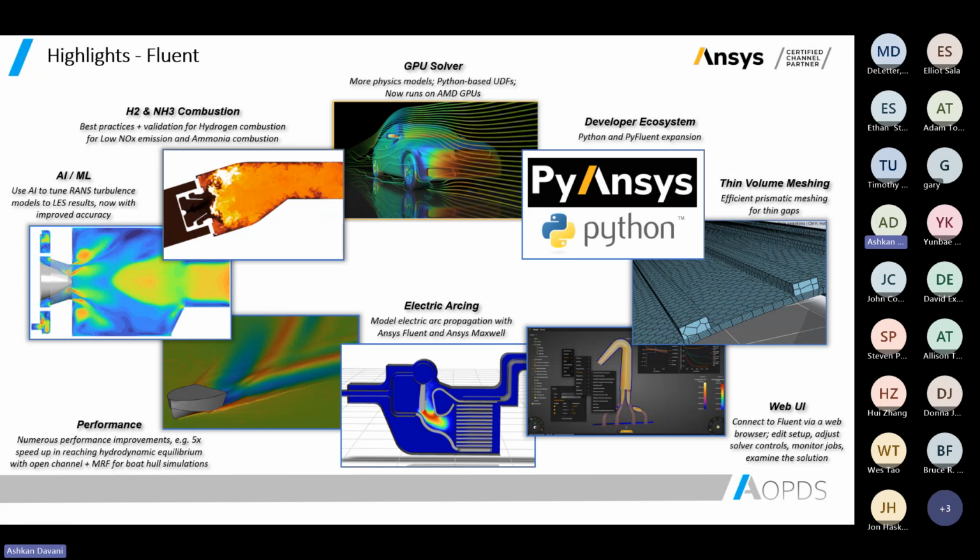We can use these in Fluent now, which is another great tool to handle a lot of automation, and Python is completely free. We have some developments in combustion, which we can get into. We have some new tools for optimization, Fluent AI and machine learning, and we have general developments for different parts of the software. We have some UX/UI updates and some new interesting features we'll get into in detail.